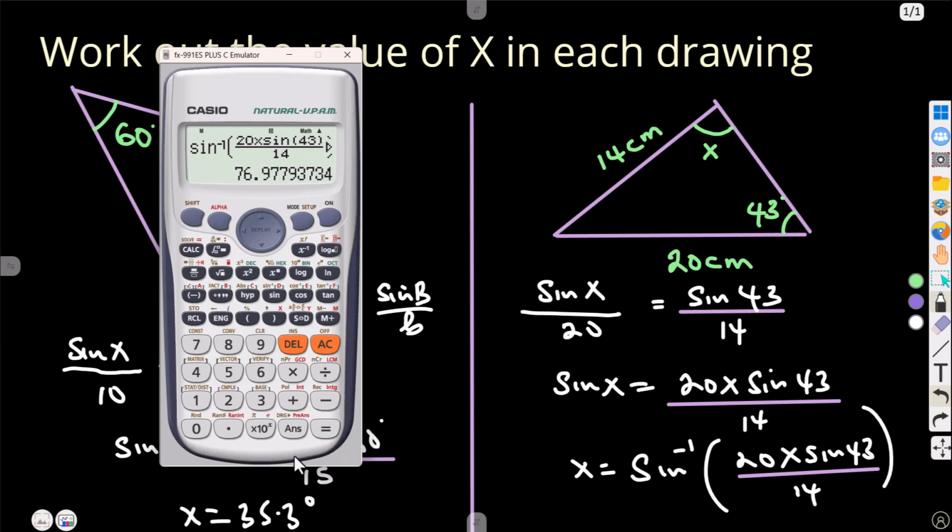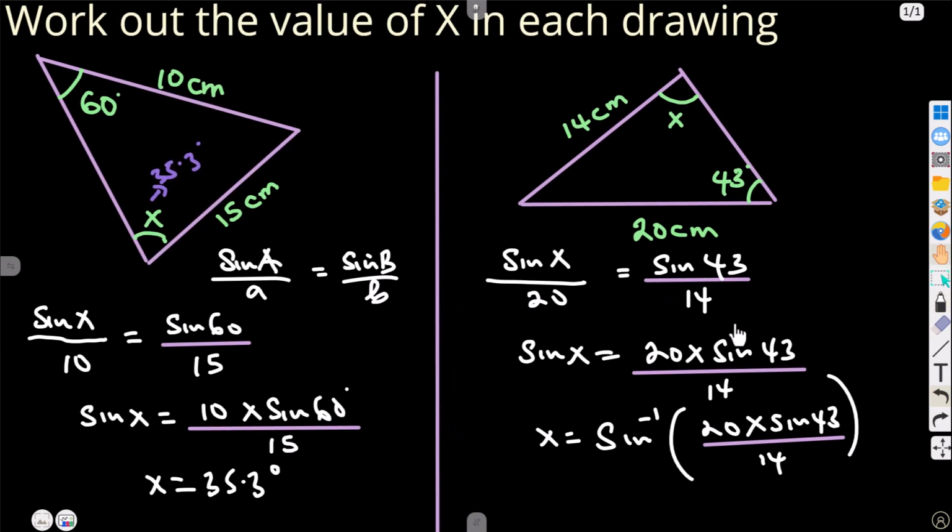When I do that, I will get this answer, 76.9. Well, I should just say 77 to the nearest whole number. So that means angle x will just be 77 degrees. So the angle here is 77 degrees.